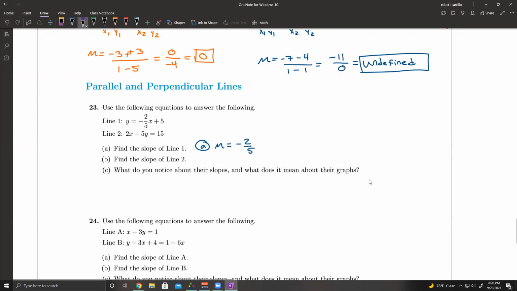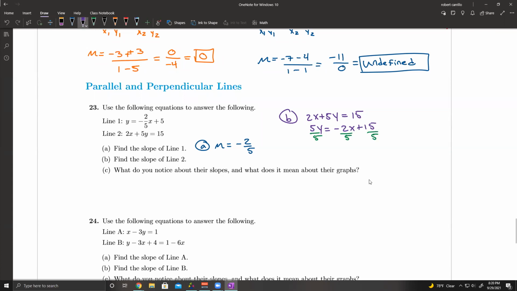-2/5. All right. For B, we have some work to do. 2x plus 5y equal to 15. In order to find this slope, we have to solve for y. So we're going to subtract that 2x over. So you'll have 5y equal to negative 2x plus 15, and then divide everything by what? 5.